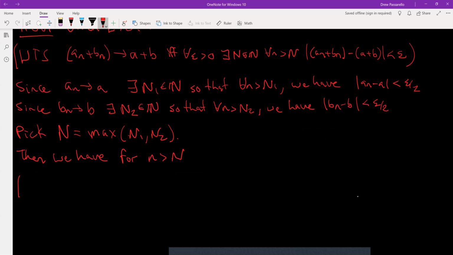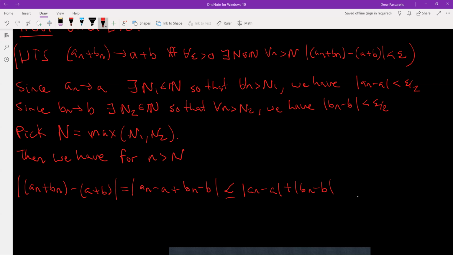We have the absolute value of An plus Bn minus A plus B. That's equal to the absolute value of An minus A plus Bn minus B. That's less than or equal to the absolute value of An minus A plus the absolute value of Bn minus B. That's the triangle inequality.